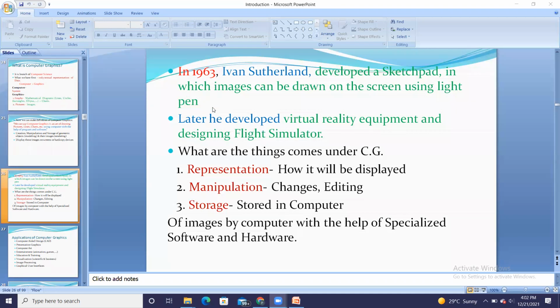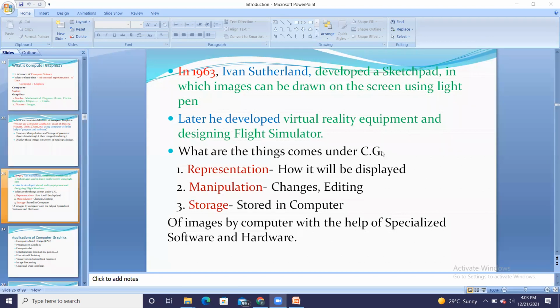After that, virtual reality equipment was developed, and that is used for the flight simulator. You might have seen the four-wheeler simulator, in which all the functionalities available in a car are available in the simulator, and just by standing at one place, you can use that.